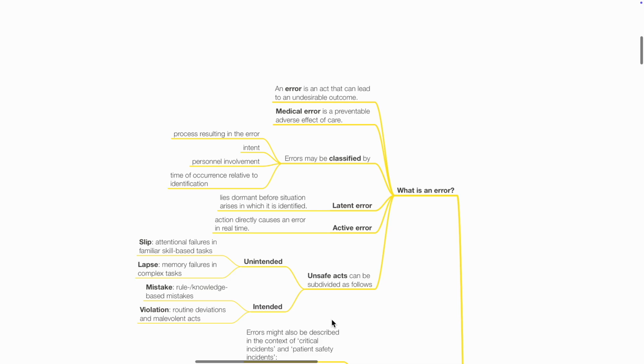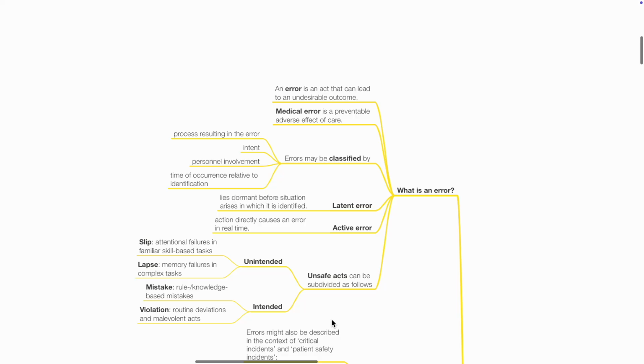Errors may be classified by process resulting in the error, intent, personnel involvement, and time of occurrence relative to identification. Errors may be latent or active. Latent error lies dormant before a situation arises in which it is identified. Active error, action directly causes an error in real time.